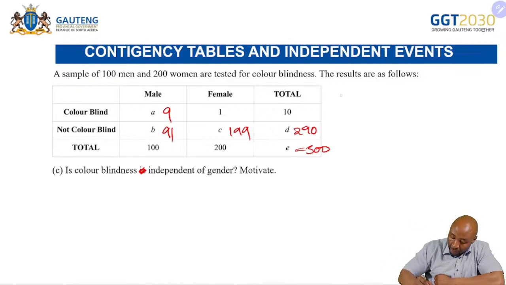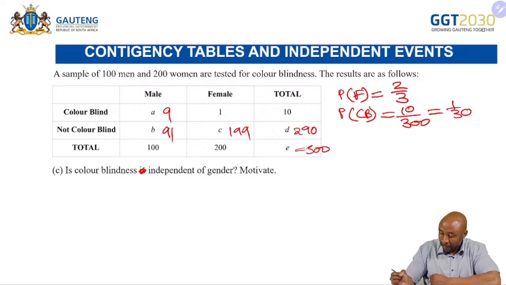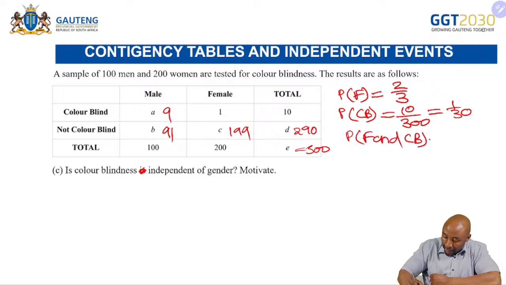We calculated the probability of being female, we said it's 2/3. The probability of being colorblind, we calculated and found it as 10/300, which was the same as saying 1/30. The probability of being female and colorblind, I'm choosing now.